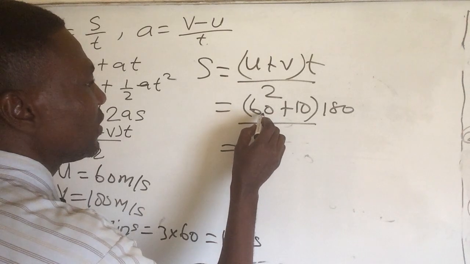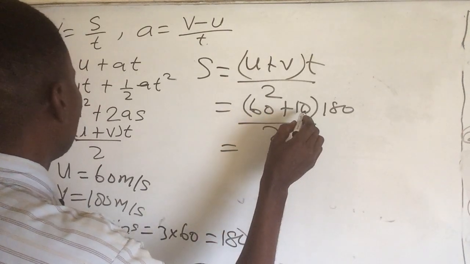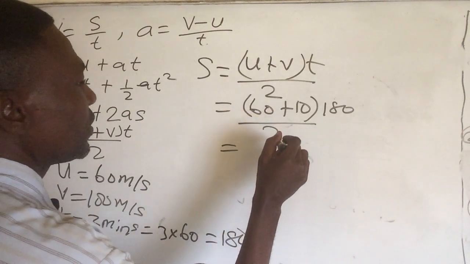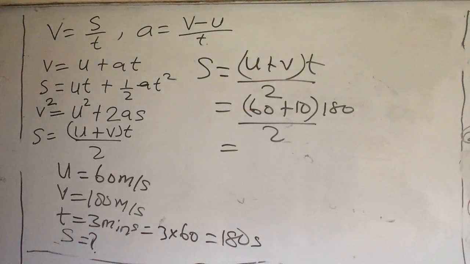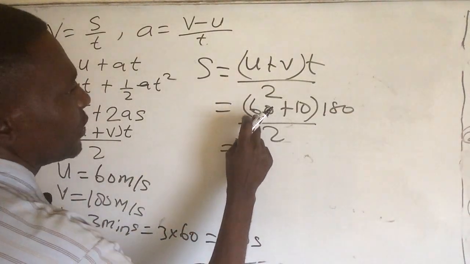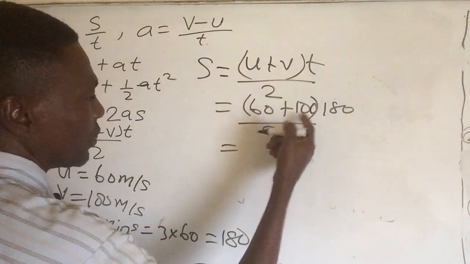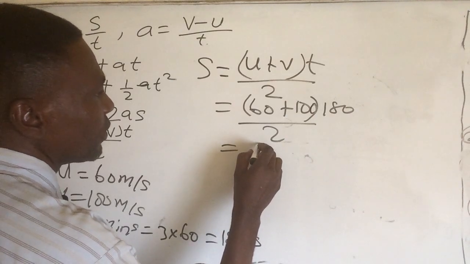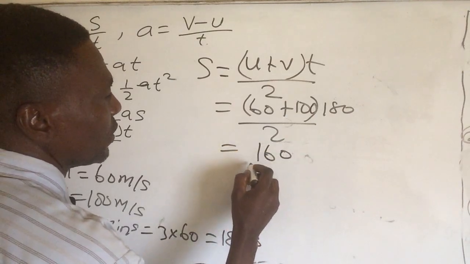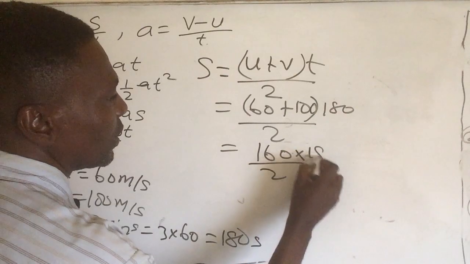Now you say 60 plus 100 will now give us 160 all over 2 times 180.